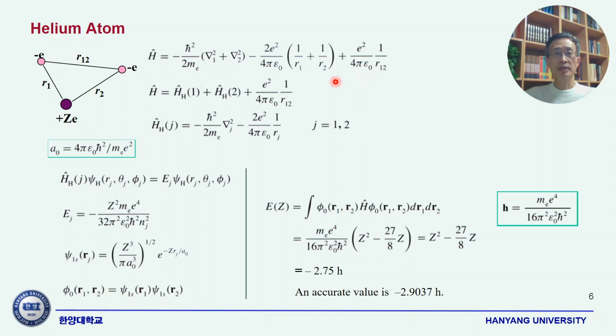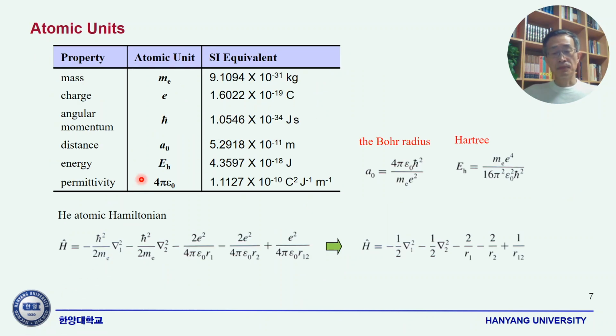So the first way is the variational principle or variational method. The second way we are going to talk about is the perturbation method. Before we do that, let's define some atomic units. This is a little bit complicated, and many constant terms appear here.